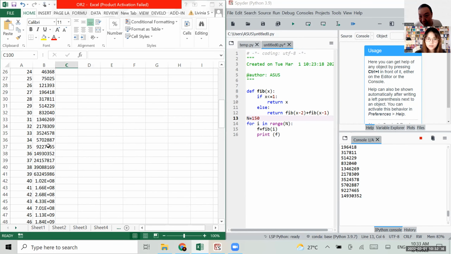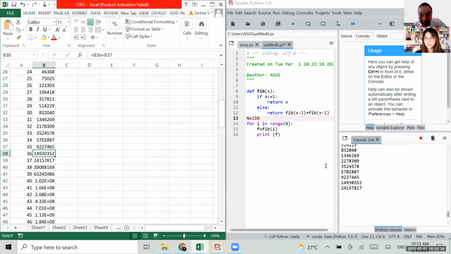I think it's still right here. I think after 78 or at 78 it will be incorrect in Excel. Oh, it's still loading.